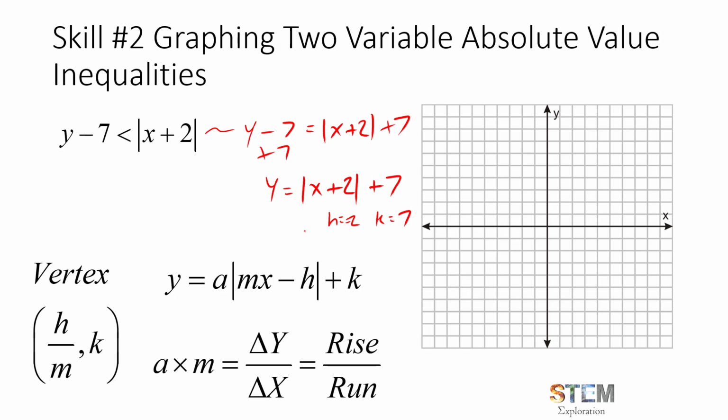There's no a term I really have to worry about here. So my rise over run is just 1 to 1. So I go to negative 2 comma 7, and I have this point here. And now I can just graph it like I would a normal absolute value equation, going 1 to 1 this way and 1 to 1 that way.